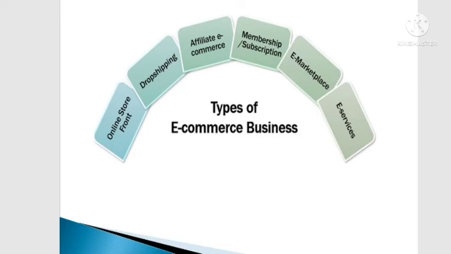Now we have the next model, that is e-marketplace. E-marketplace is just like a normal marketplace जहाँ पर आप चीजें जाकर अलग-अलग sellers होते हैं and you can just go and purchase from them. So the best example can be Amazon, Flipkart, Myntra and other such kind of channels where other sellers are involved.